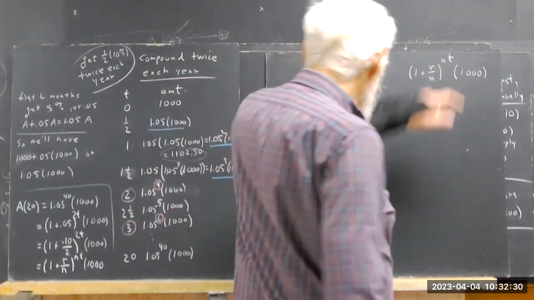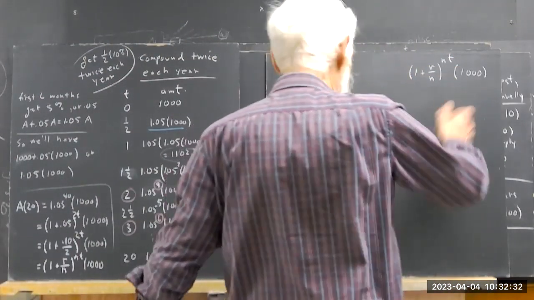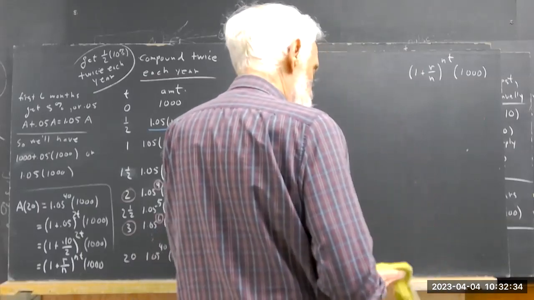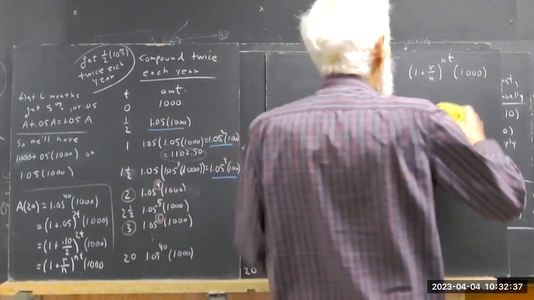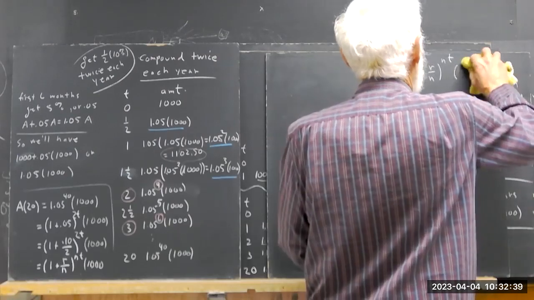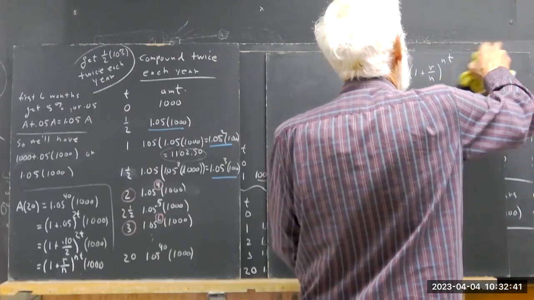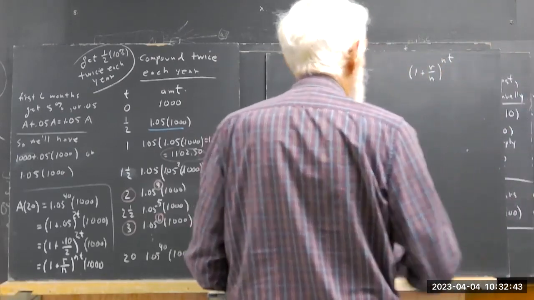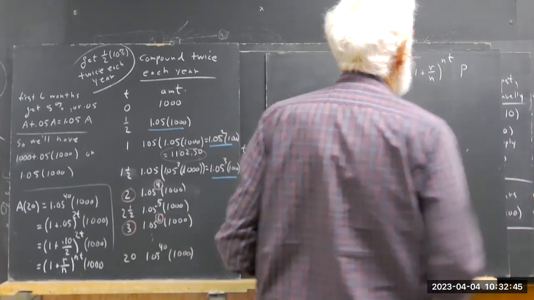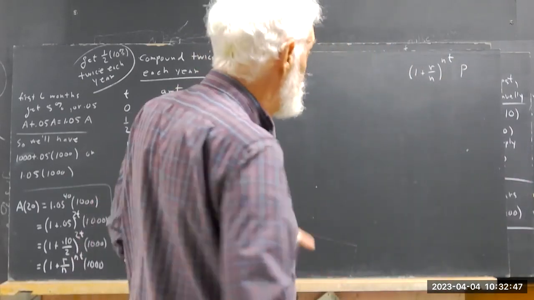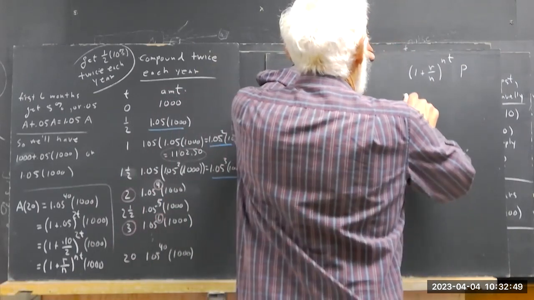Well, this is a formula in your book, except of course I got a letter for 1,000, what we're discussing. What's that letter? And that letter would be P. R is your rate, yeah.